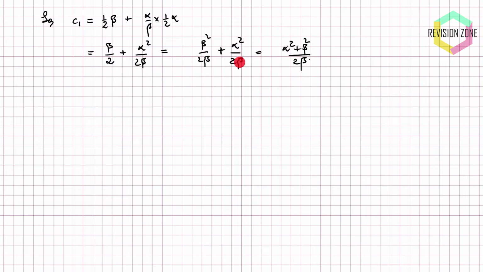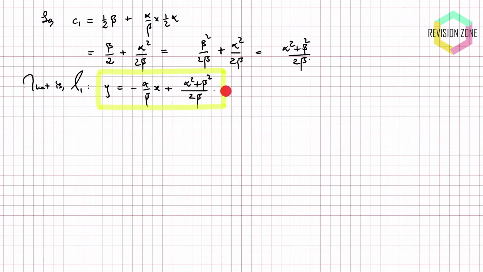And now that I have a common denominator, I can combine the numerators. And so I will get beta squared plus alpha squared on top and divided by 2 beta on the bottom, obviously. But beta squared plus alpha squared is the same as alpha squared plus beta squared because order of addition doesn't matter. So we actually have our C1, which we can put back into our equation.